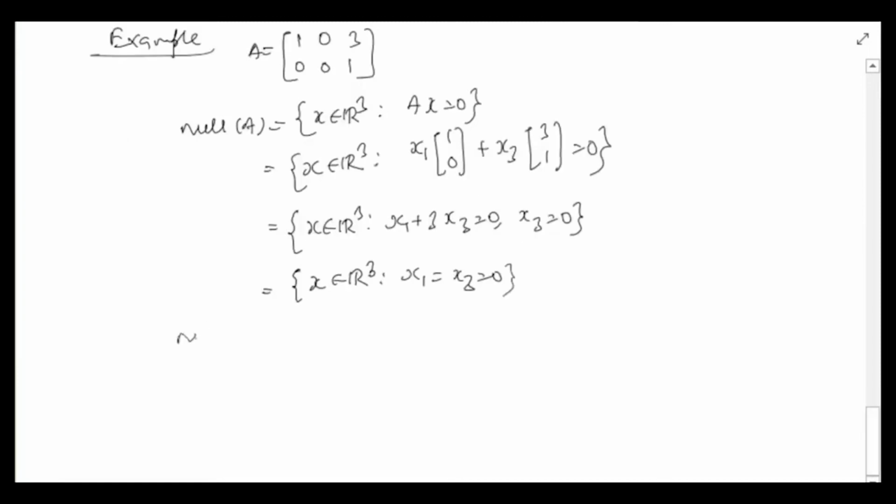Clearly, nullity of A is the dimension of null space of A, which in this case is 1.